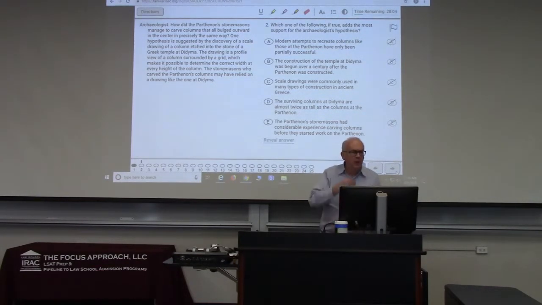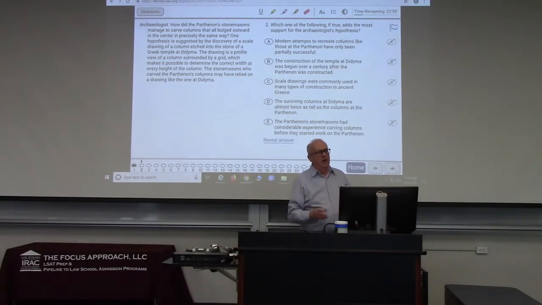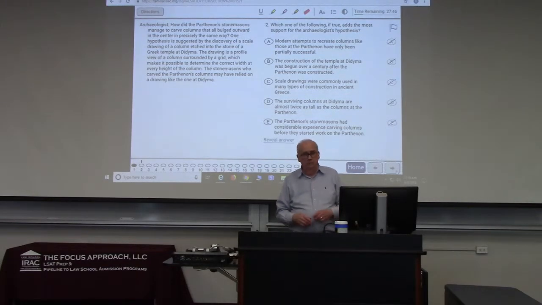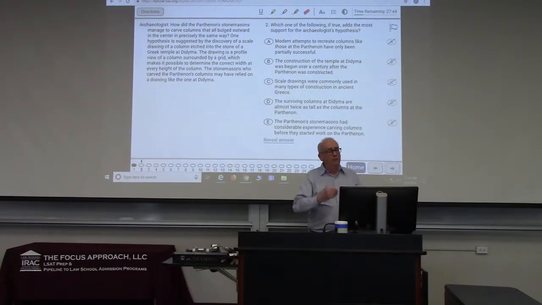Next sentence. The drawing is a profile view of a column surrounded by a grid, which makes it possible to determine the correct width at every height of the column. So that third sentence is a description of the scale drawing. Finally, the stonemasons who carved the Parthenon's columns may have relied on a drawing like the one at Didyma.